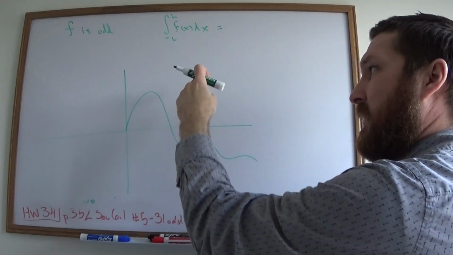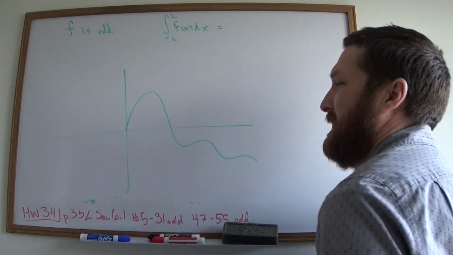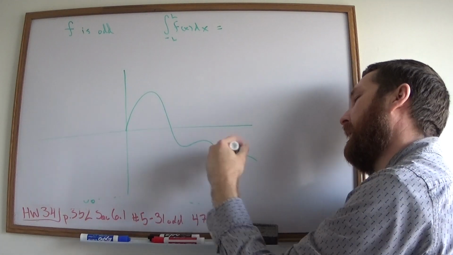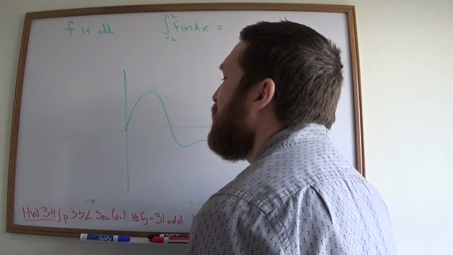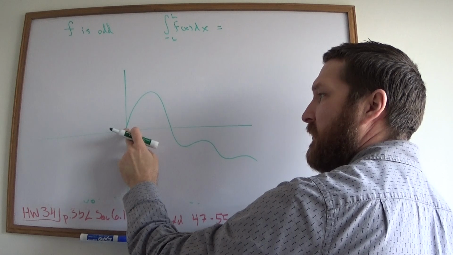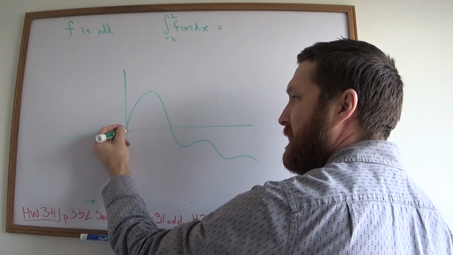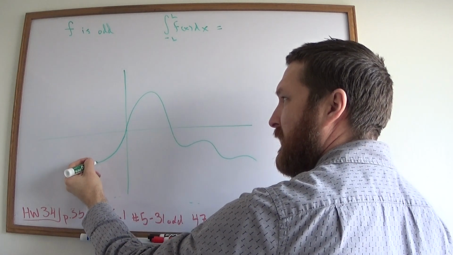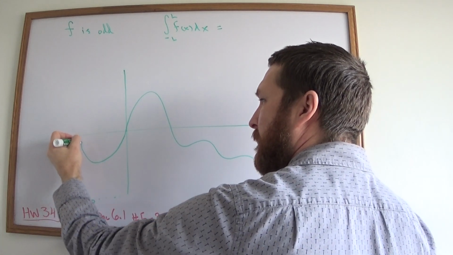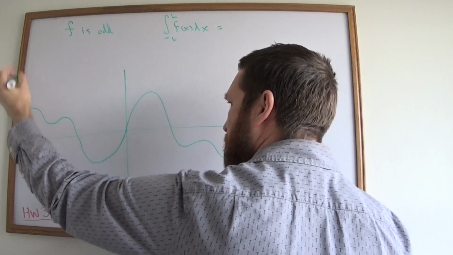What functions? I don't know. I was starting with sine, and I was saying, here's a function I know. Okay, so odd functions are symmetric with respect to the origin. So if we go up this way, we've got to go down this way. And then if it comes back down, it's got to go up, right?